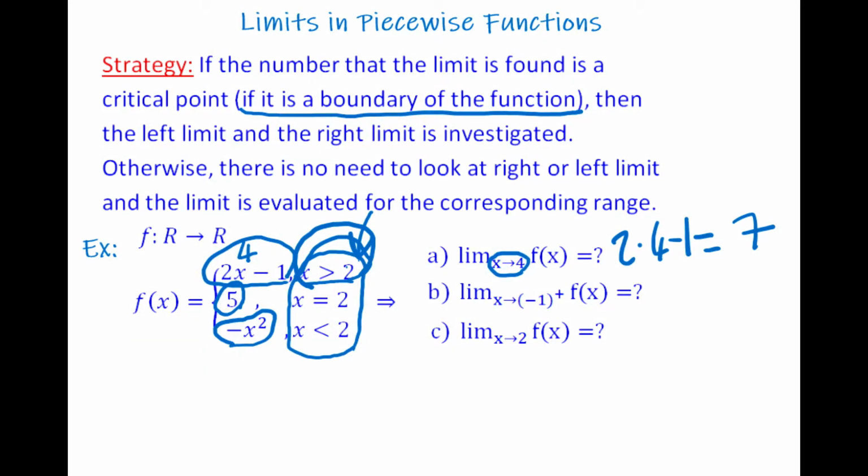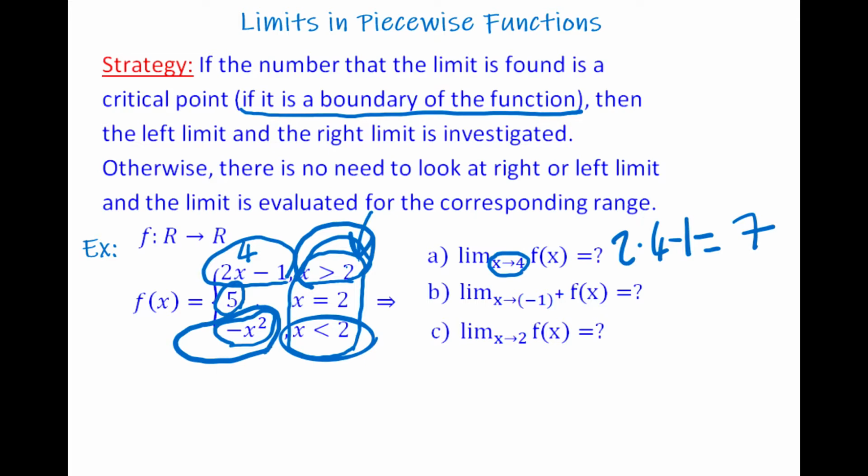Let's take a look at b also. When x goes to -1 from the right side. As you can see, -1 fits here, and I don't have to look at the left side or right side, because in both cases this is the interval and this is the function I'm going to apply.